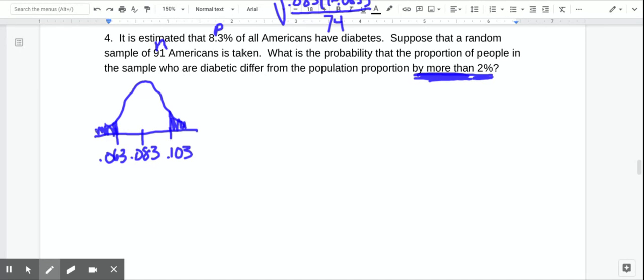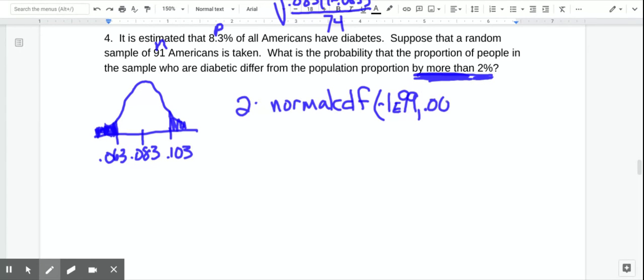So when we do this on our calculator, we're just going to do one of the regions and then we're going to double it. So we will do 2 times whatever this normal CDF gives us. Our lower bound, I'm going to do the lower end just because, is negative 1 E to the 99, negative infinity. Our upper bound is 0.063. Mu is 0.083.